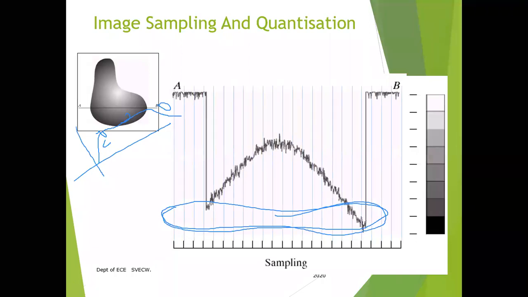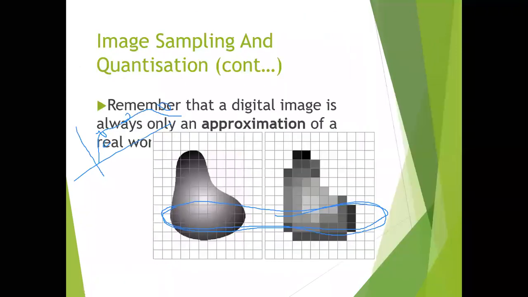So the procedure is like this. First, we take the x-axis and measure the continuous signal here. Then we go for sampling, indicated by these rows and columns. Here you see different columns for taking samples at a particular interval. And you must always remember that there is a difference between the original picture and the quantized picture.